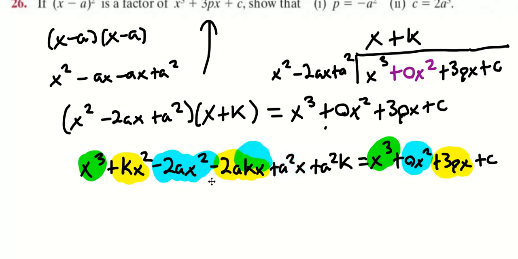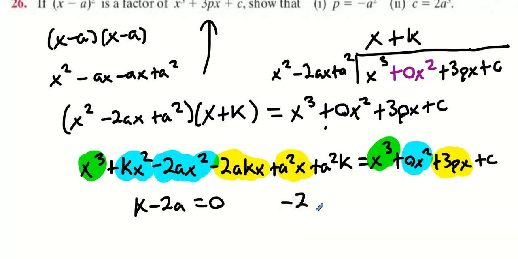That's a yellow, and that's the blue. The x squareds are the blues. So it's k minus 2a equals 0. And then it's minus 2ak plus a squared equals 3p.